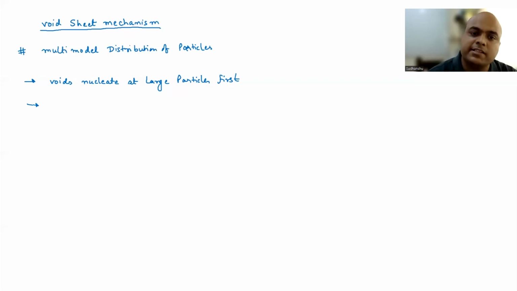Because of the stress concentration. So what will happen if you have smaller particles there which were not fracturing or which were not contributing towards the void nucleation before, now because of the strain localization, they can also take part in void nucleation. Correct? So the void will now further nucleate in those small particles which are distributed around the large particle.